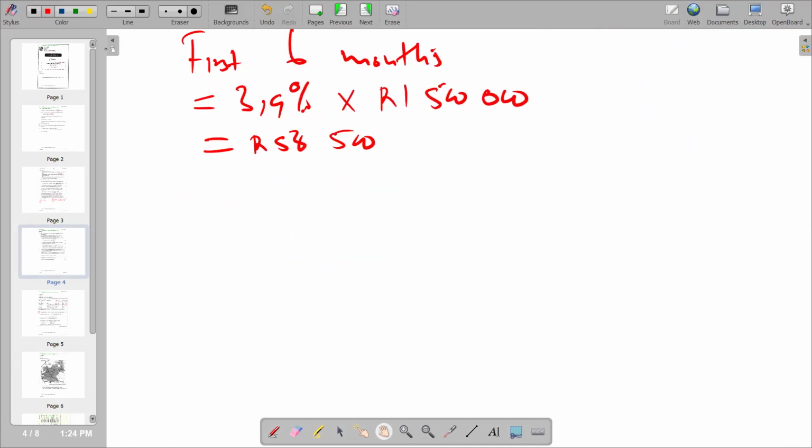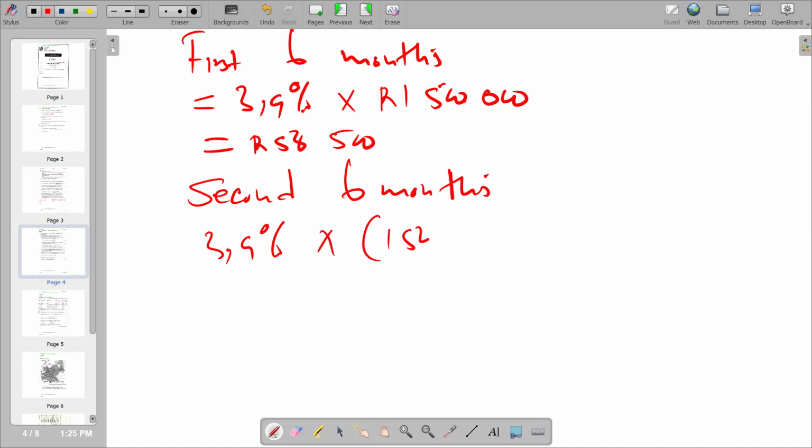So we go to the second 6 months. So compounded interest, remember, the interest that we got for the first 6 months is going to be added to the principal amount, which is 1,500,000. So for the second 6 months, you're going to say 1,500,000 plus 58,500. So in other words, we are going to say 3.9% times, in brackets, 1,500,000 plus 58,500.